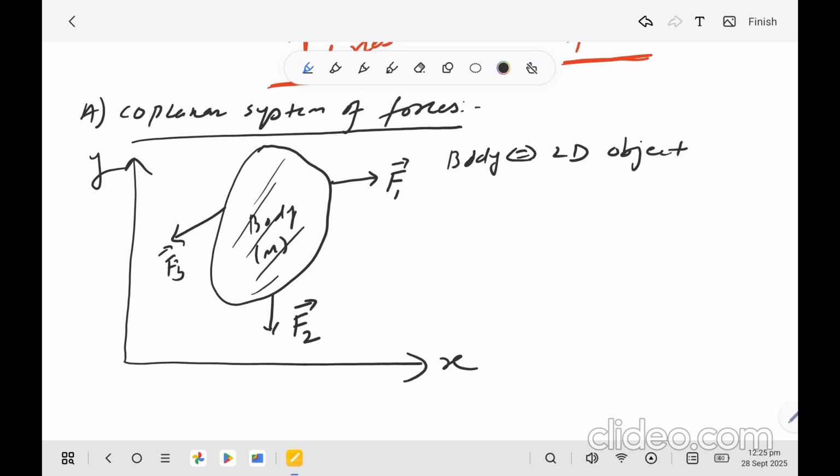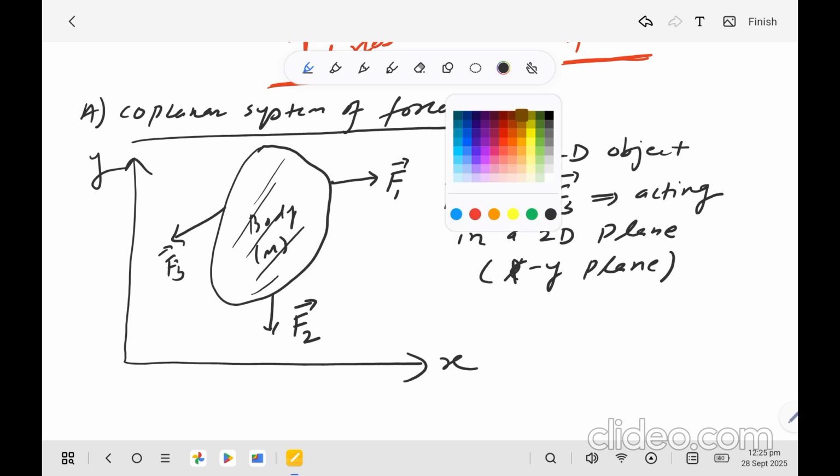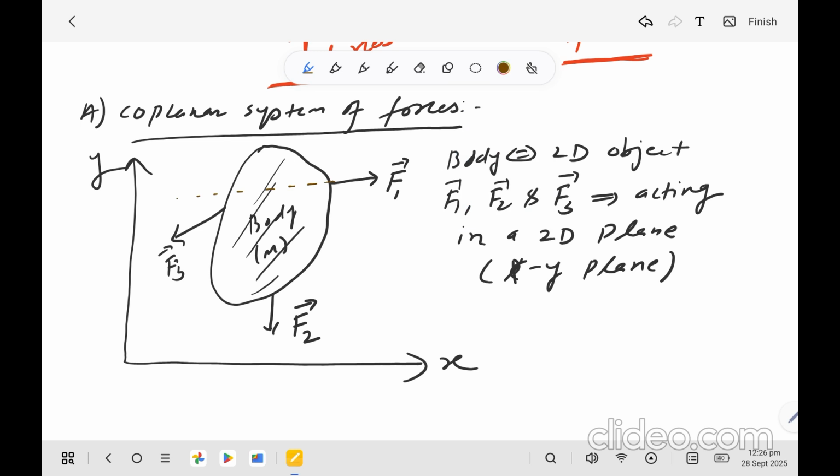So now the body is a 2D object. So F1, F2 and F3, all forces are acting in a 2D plane, meaning the XY plane. So if I extend the line of action of these forces, the line of action of this force is here, the line of action of this force is here.